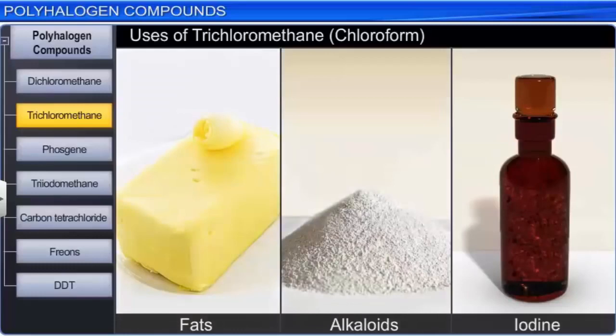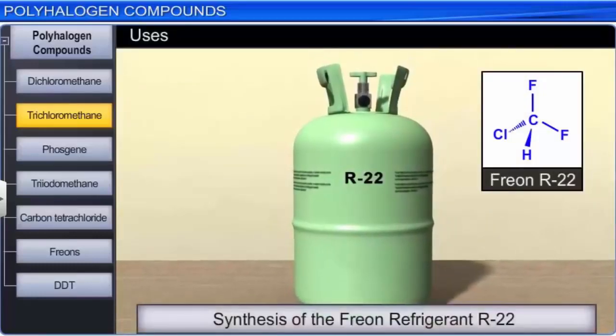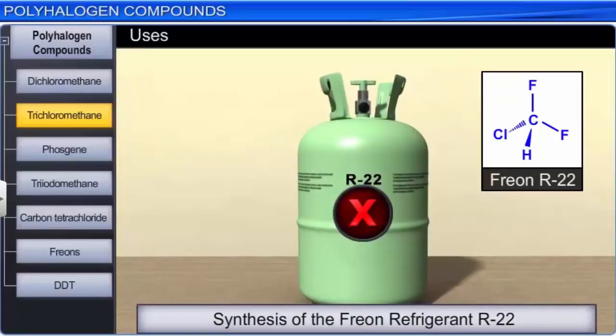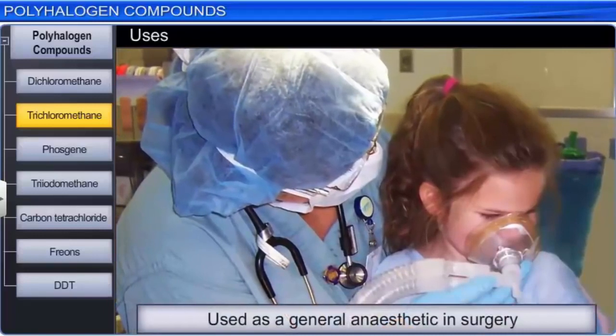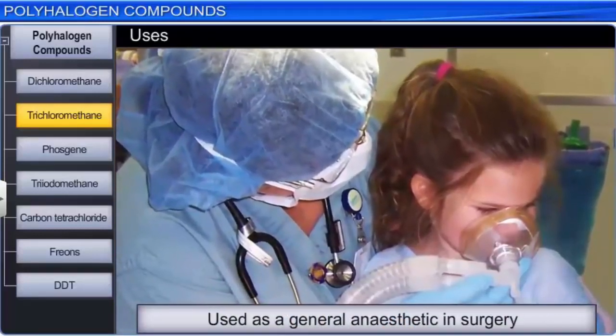It is also used in the synthesis of freon, a refrigerant, or R22 shown here. Many nations are phasing out the use of R22 due to concerns about its role in ozone depletion. Chloroform was once used as a general anesthetic in surgery. However, this use has been discontinued.